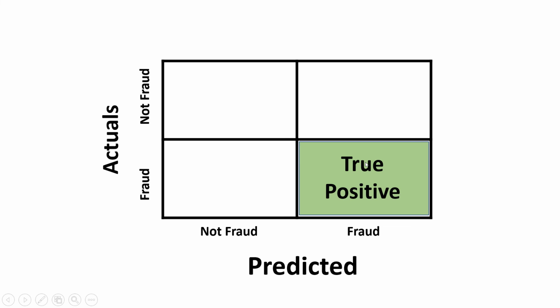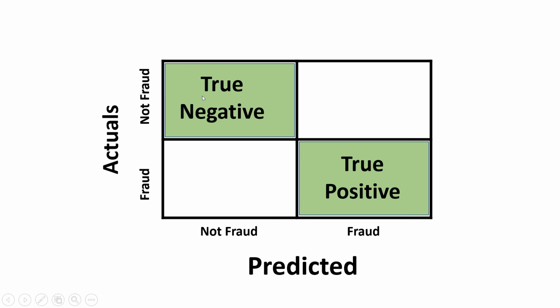Now the next one, let's look at this particular box. Here what we predicted is negative, we said that this particular record is negative, which is actually true because the data also says that it is negative.